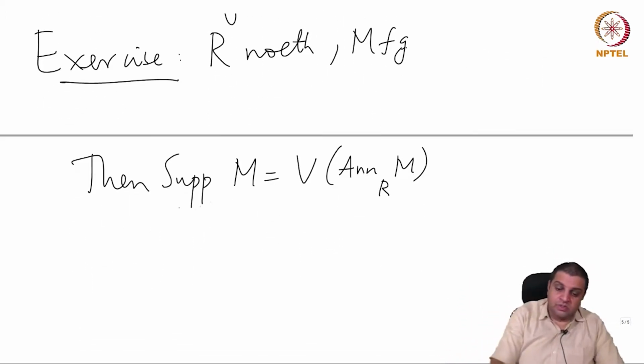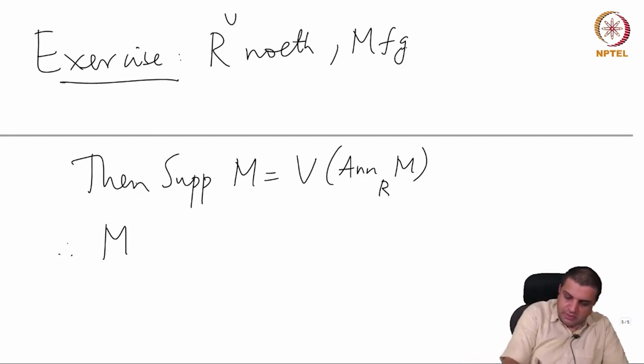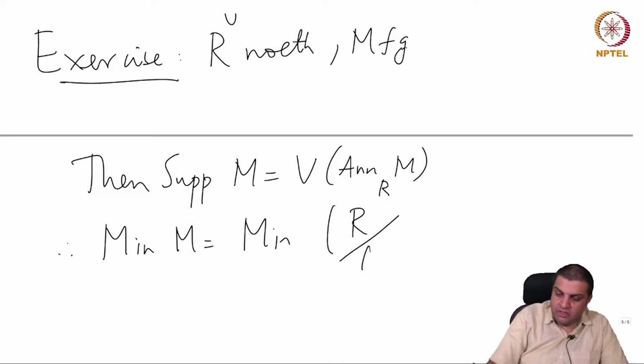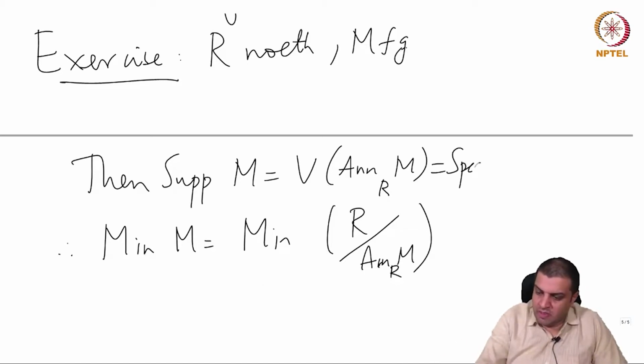So this is what support is, and therefore my conclusion from this is that min M is the minimal elements, in this context, R Noetherian and M finitely generated, the same thing as min elements of R mod the annihilator of M. Support of M is V of this, and its minimal elements are precisely the minimal elements of the spec of this ring. So this is really spec of R mod the annihilator.